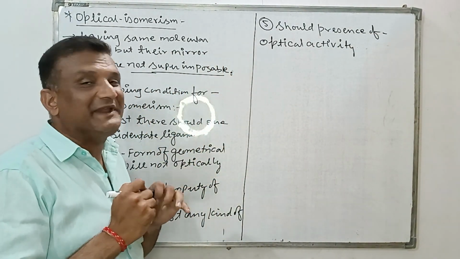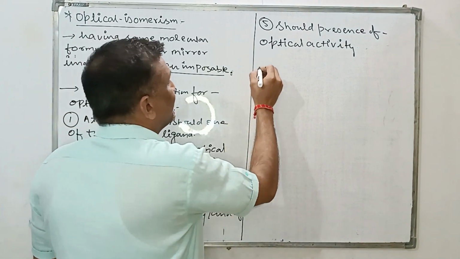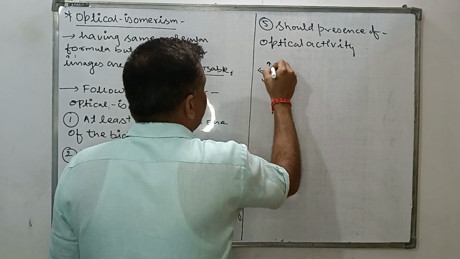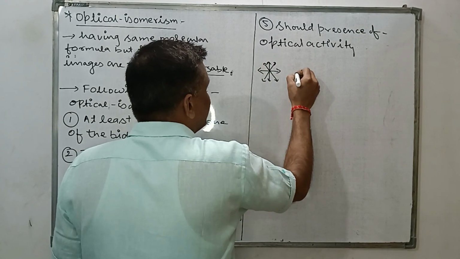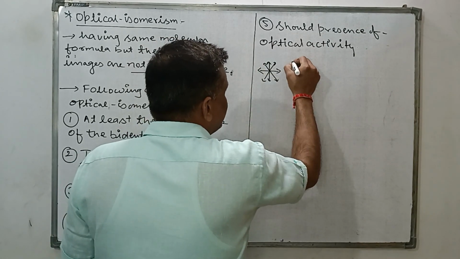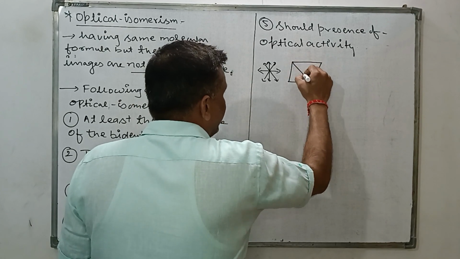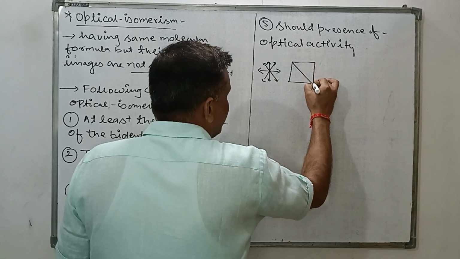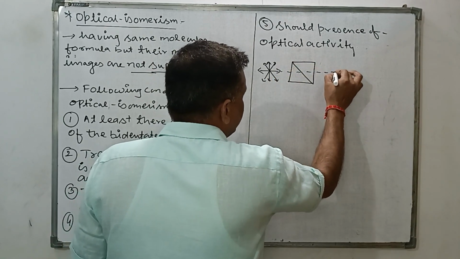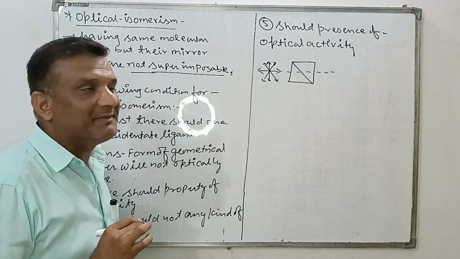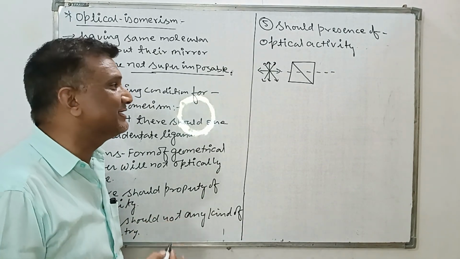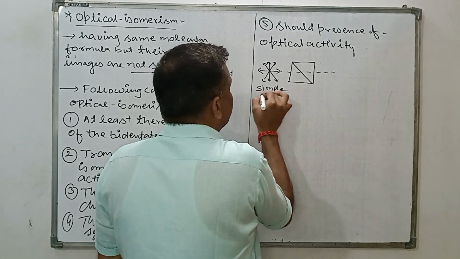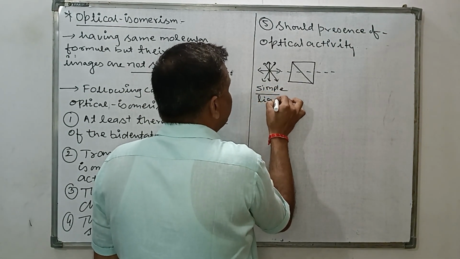Whenever this is simple light, and we pass this light through the Nicol prism, which was discovered by William Nicol, it's an optical device also. It works like a polarizer, which changes simple light into plane polarized light.